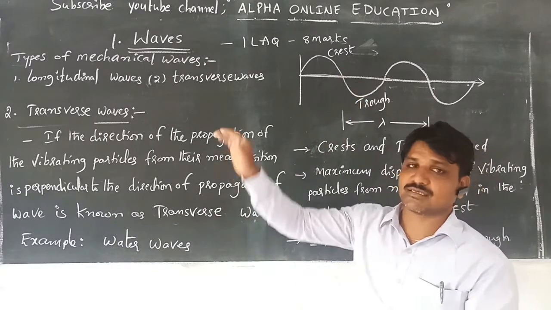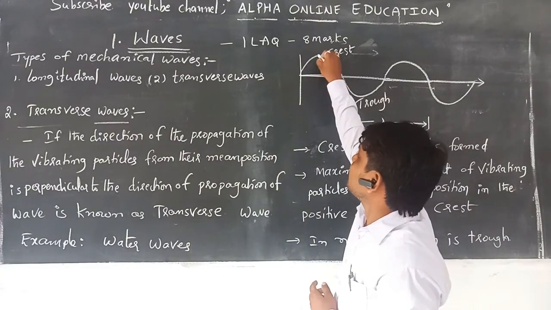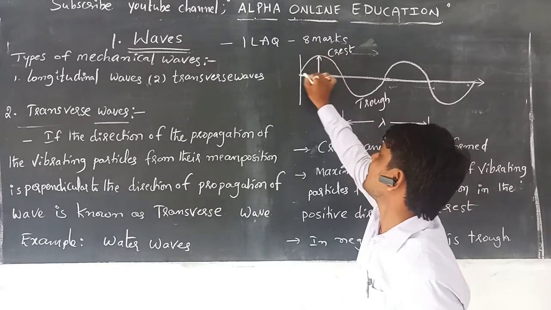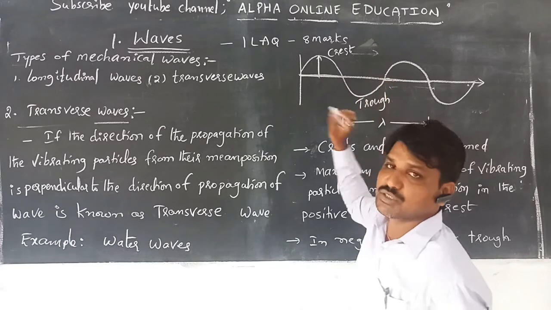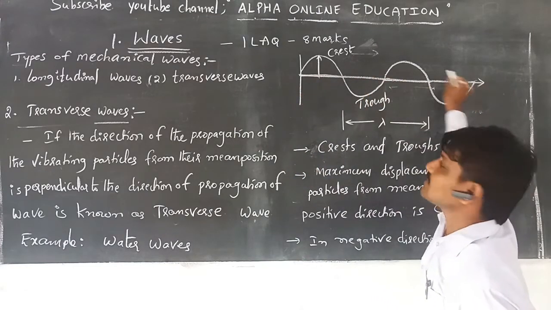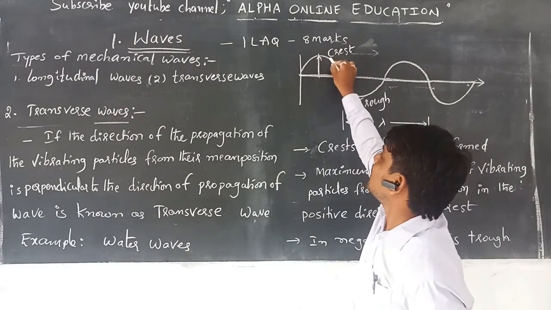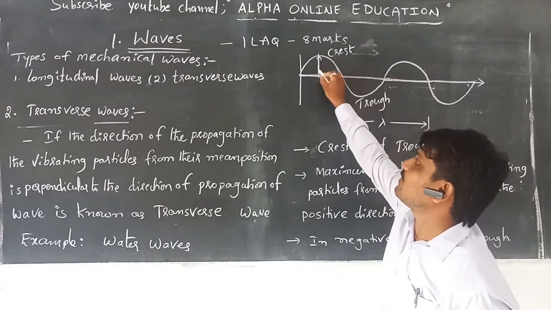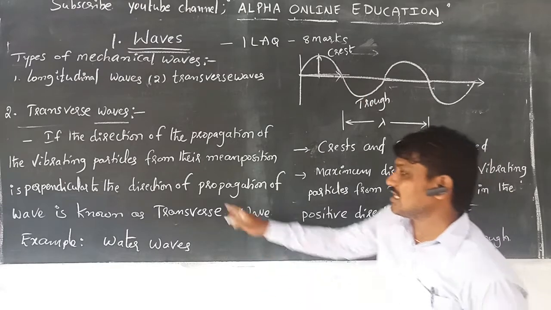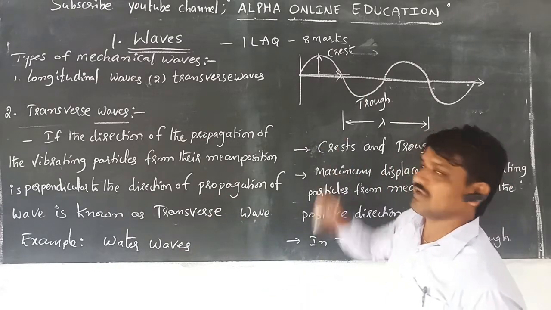They move in a wave formation, and the vibrating particles move perpendicular to the direction of propagation of the wave. So the direction of vibration of the particles is perpendicular to the direction of propagation of the wave, which is called a transverse wave. The best example of a transverse wave is water waves.